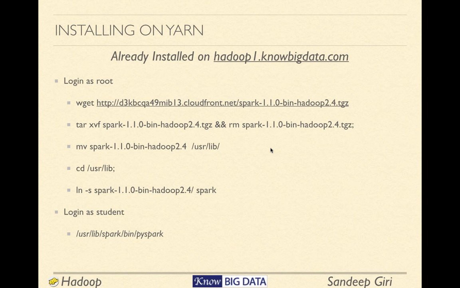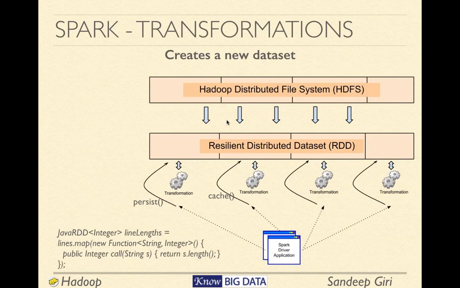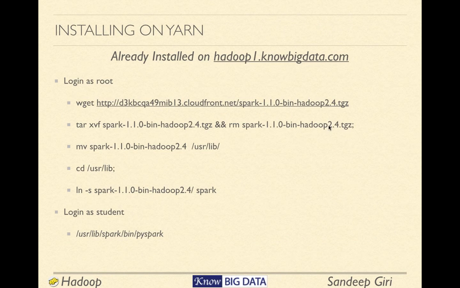Those who want to set up their own installation, a better way would be to go to Spark downloads and download the build for YARN. If you have already set up your cluster, all you have to do is download this particular file and extract it. Here I have put an rm, which also deletes the actual tgz.